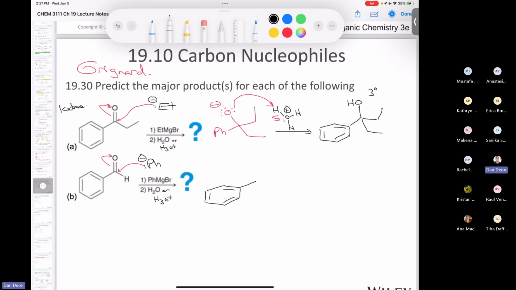Then we've got the carbon that's got the oxygen attached to it, and then it's going to have a hydrogen, right? I'm not going to leave that in there because this is a bond line structure, but then it's going to have the other phenyl, so another aromatic ring like this, okay? And then we have the hydrogen here after the proton transfer. So there you go. So when we have an aldehyde, remember, we get a secondary alcohol.